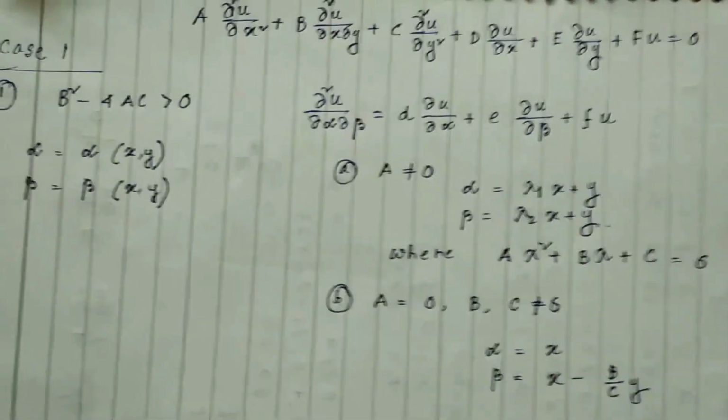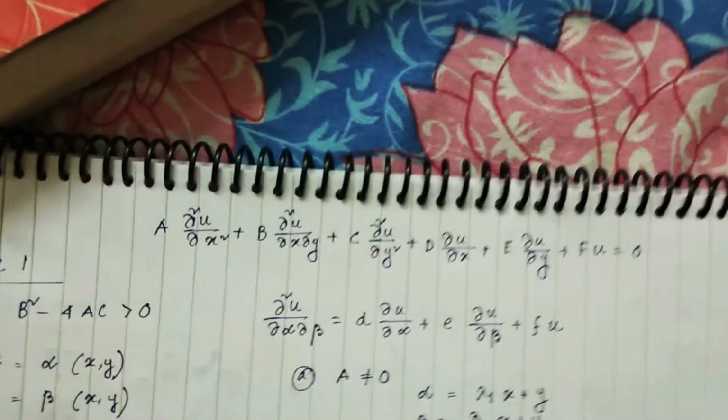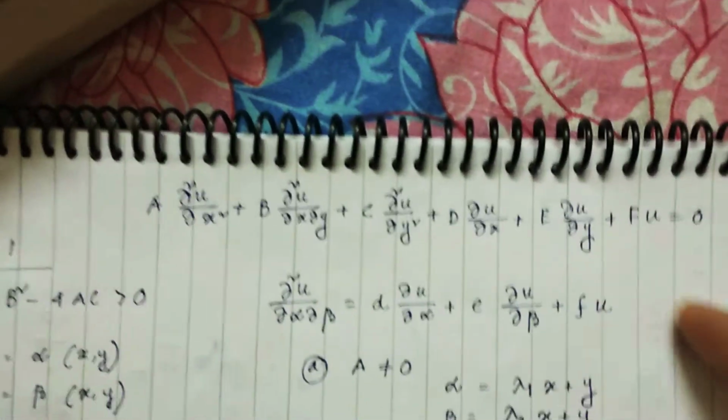Find these terms and put them there, and you will at once get d, e, f. So you have given this equation, you can now at once write this equation. This is the standard form.